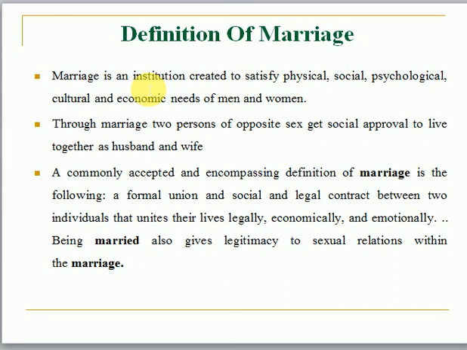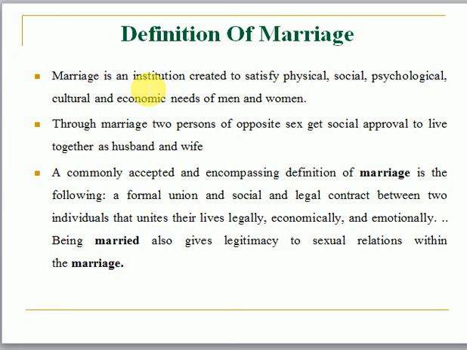So we say it's an institution in which two persons of opposite sexes get social approval in order to satisfy their needs, whether primary or secondary, essential or not essential.